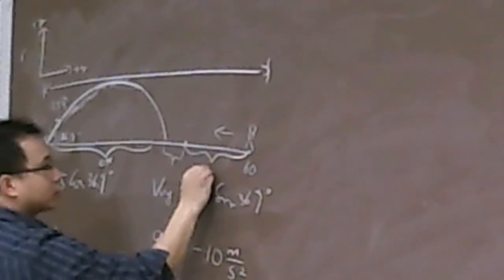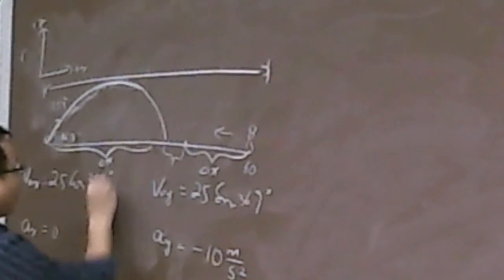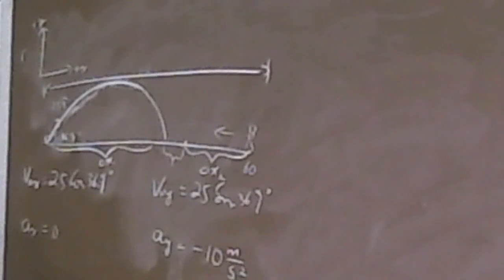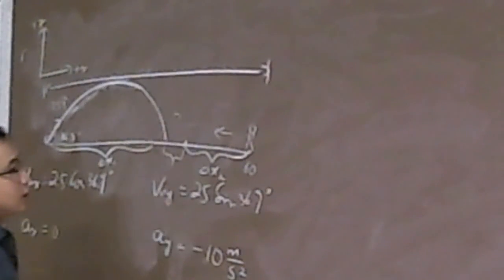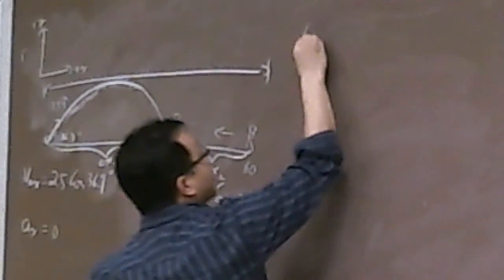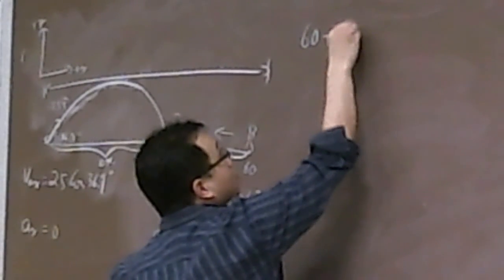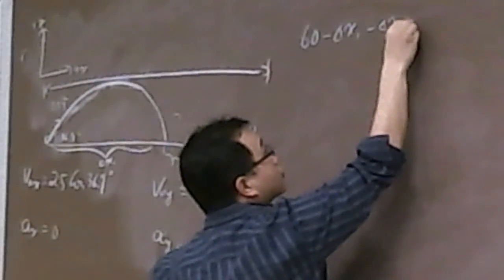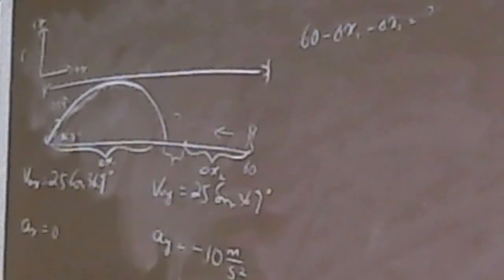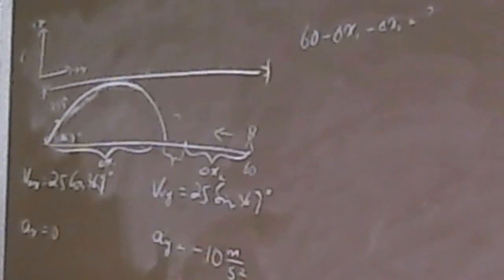So this is delta x1, this is delta x2. The final quantity we want to find is 60 minus delta x1 minus delta x2. Any question here? And now we know how to calculate delta x1, right? That's the horizontal range.